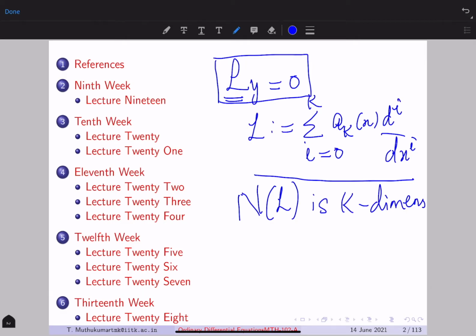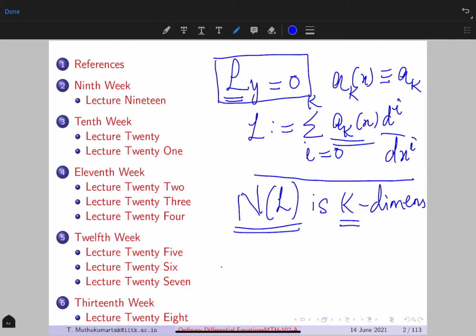In this lecture, we are going to find out how to find the k linearly independent solutions of the solution space, for the special case when these coefficients are constants. That is, these ak's are constants, so they are independent of x. They are all constant functions.